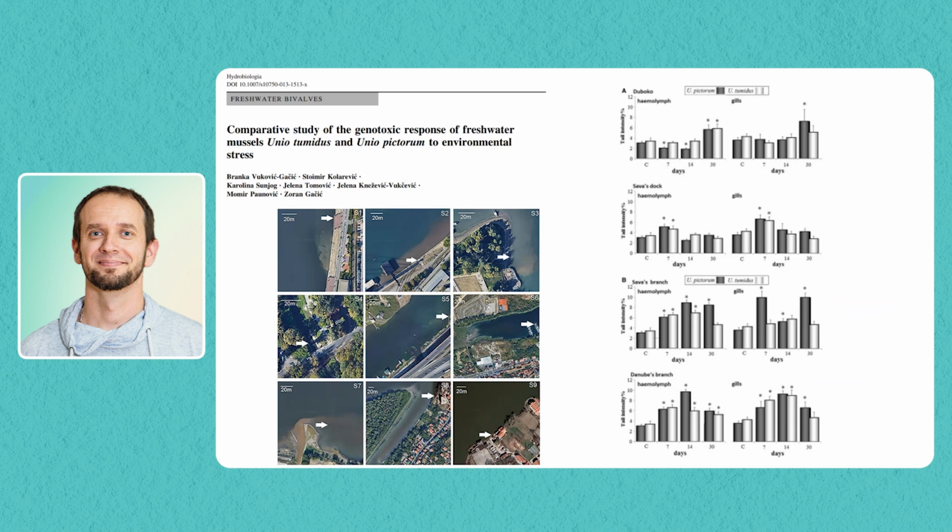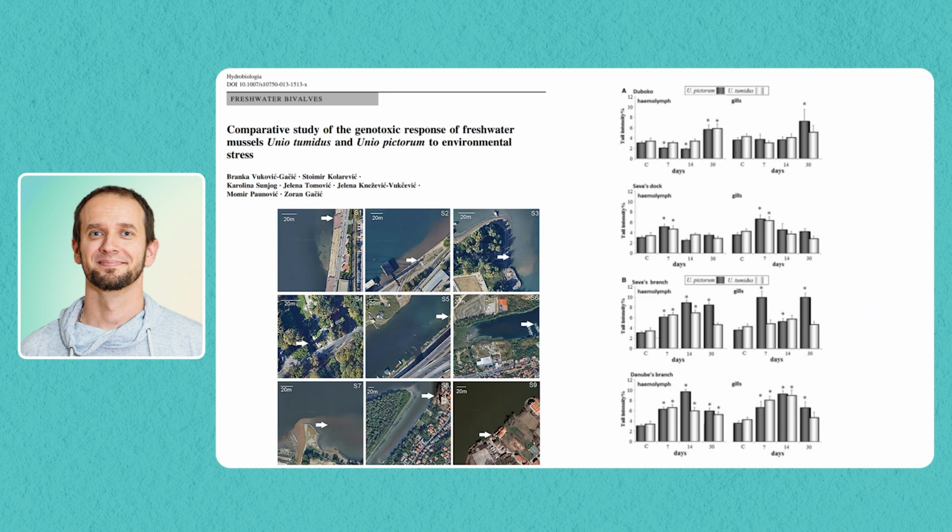As an example of active monitoring, this is the study that we performed in Belgrade city. As I mentioned, Belgrade does not have a wastewater treatment plant. It is just discharging directly into rivers. Now, on satellite images, you can see the points where wastewaters are discharged. This is actually how it looks without using additional colors.